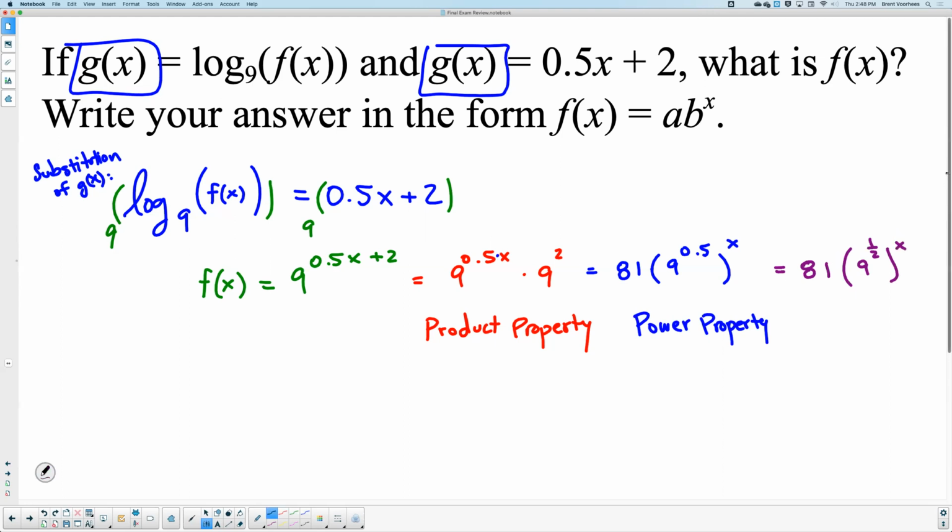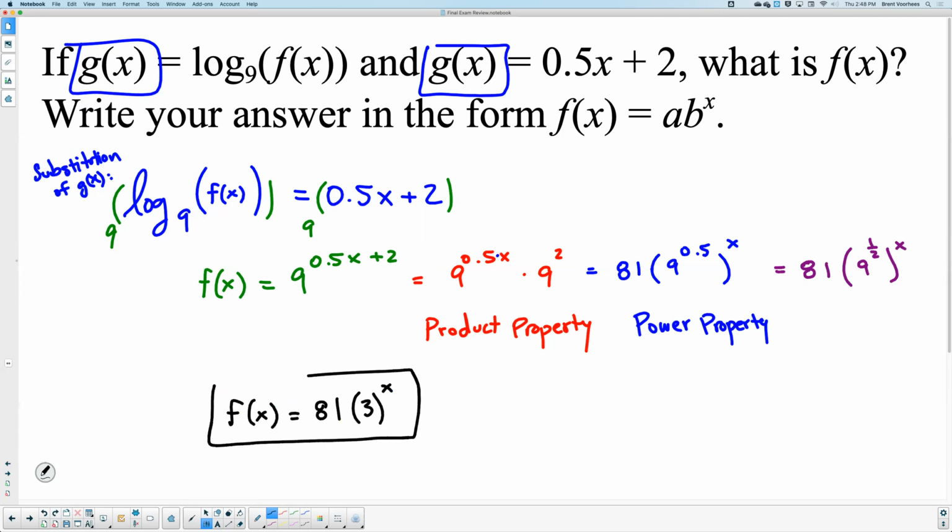And so our final answer, the way they want it, is we could say f of x equals 81 times 3 to the power of x. There's your equation right there.